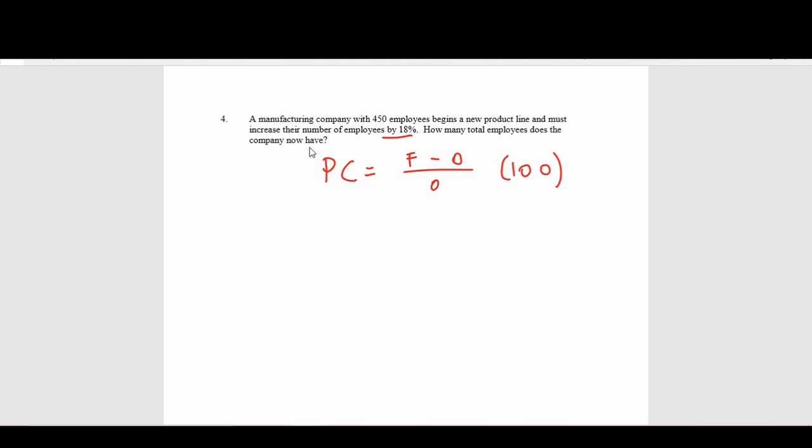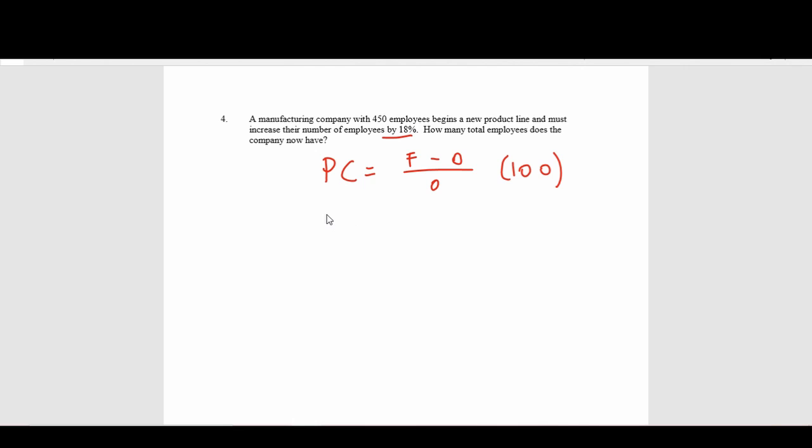And I think this question's written badly because it says how many total employees does the company have now? Well, it tells us that it has 450 employees. So what it's asking is how many employees will it have with the 18% increase. Okay, so just bear with me on that.